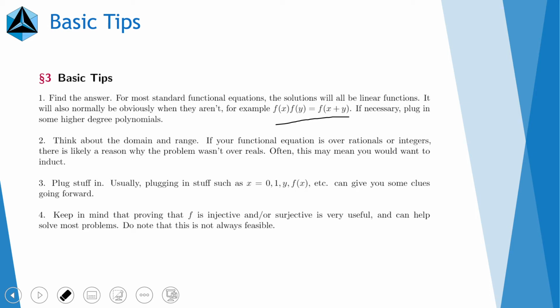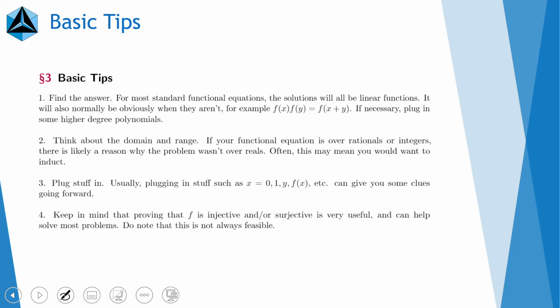If it's necessary, you may have to plug in higher degree polynomials, maybe 2 or 3. It can't get that big unless maybe it's of the form f of x equals x to the k for some large number k. There are a lot of different functions it could be, but there's actually not that many. In terms of variety, most of them will be linear functions anyway.